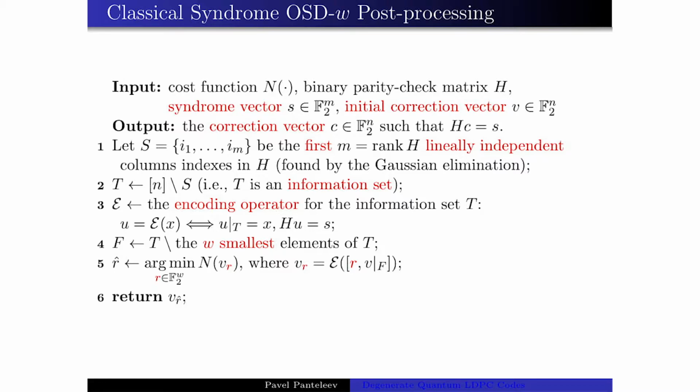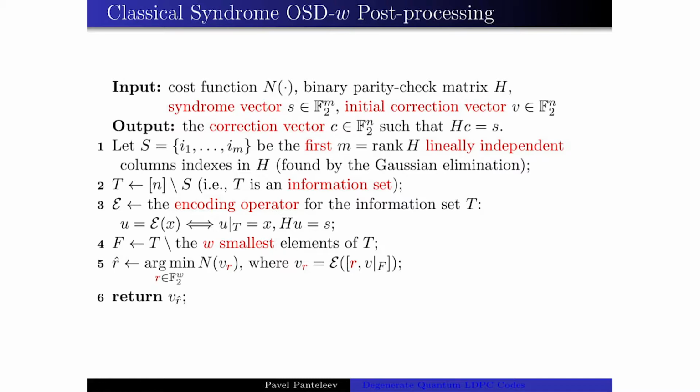You can also take into account that here we consider a syndrome-based decoder, because the classical OSD decoder is not syndrome-based. Usually we have available information from the channel, but we do not have this for quantum codes. So the output of this algorithm is a correction vector. It's just a word that satisfies the syndrome.